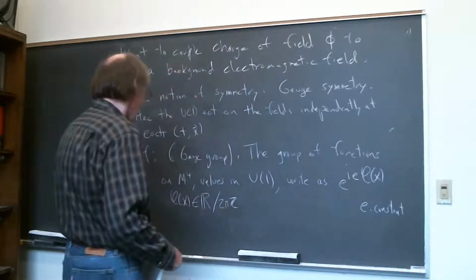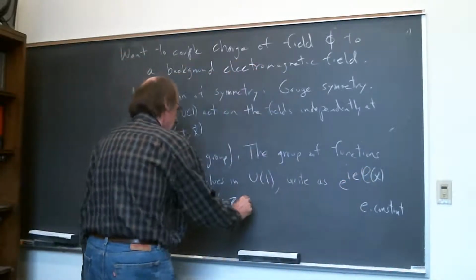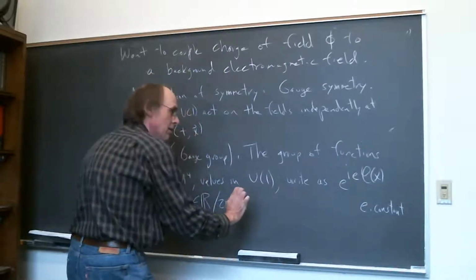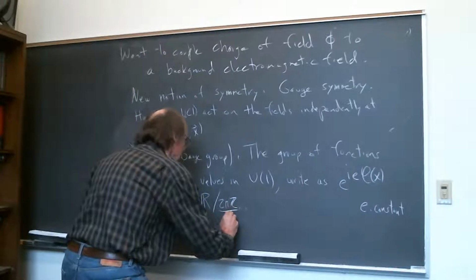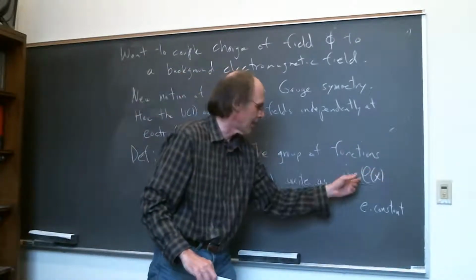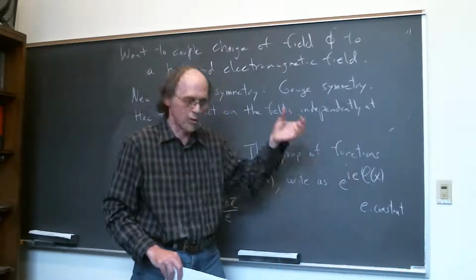Actually, sorry, I've done something funny here. This is 2 pi Z times e, I guess, over e, right? Over e. Yeah. So you have to watch. Anyway, it affects everything, but it's really just a number and just a normalization.